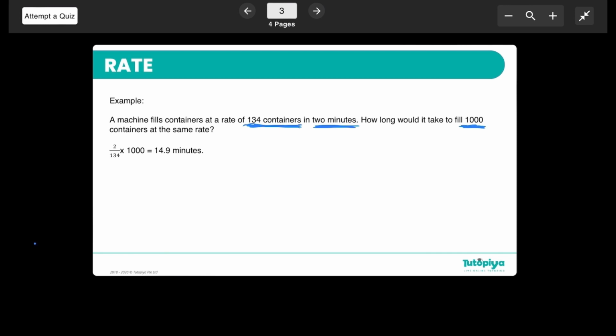If we figure out 2 minutes divided by 134, what does this tell us? This tells us how many minutes it takes to fill one container, minutes per container, because we have identified that it is 134 in 2 minutes.